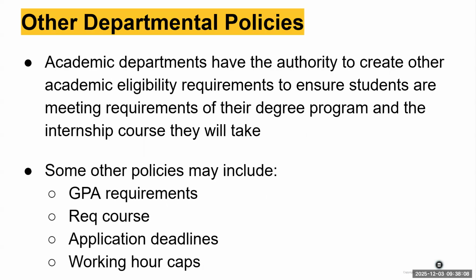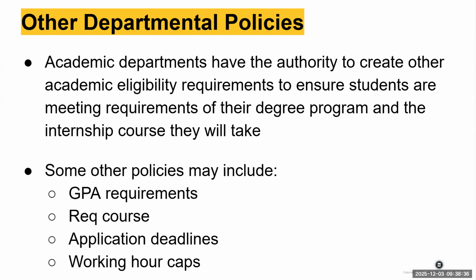Yeah, so like I alluded to previously, some departments do have GPA requirements, required courses that you must take before you do an internship. They have application deadlines, working hour caps. So it's very important that before you start job hunting for your internship, you have a conversation with your academic advisor so that you can see what these policies may be.